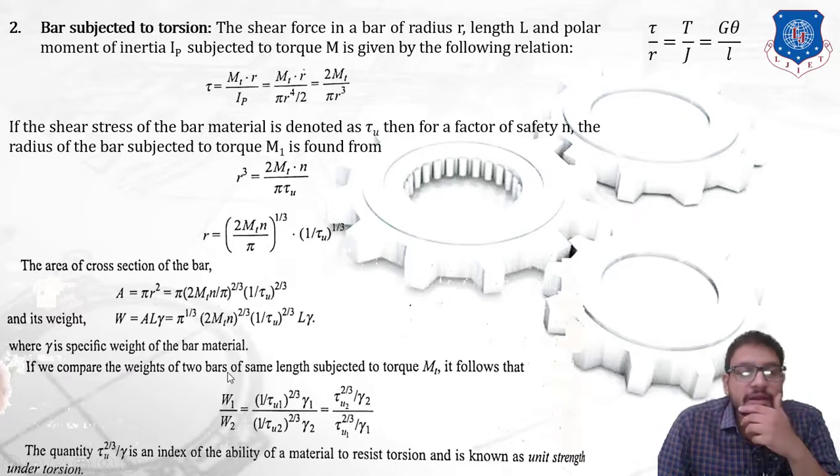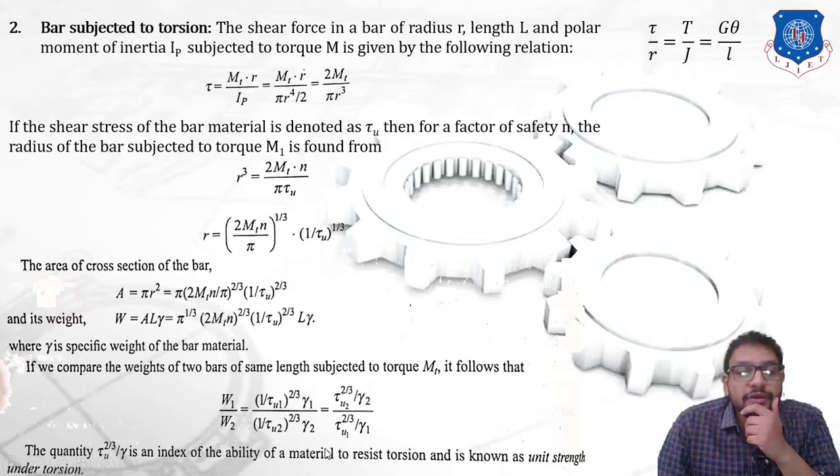Now obviously our target is to find the weight ratios. If we compare the weight of two bars of the same length subjected to torque Mt, it follows the equation: W1 by W2 is equal to, after cancelling out all the terms, 1 upon tau u1 raised to 2 by 3 gamma 1, upon 1 upon tau u2 raised to 2 by 3 gamma 2.